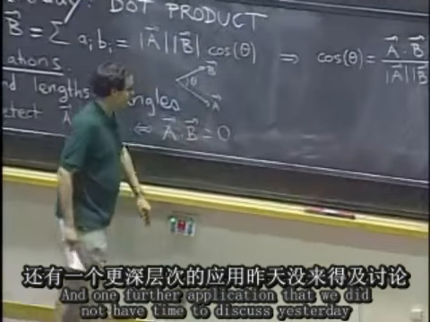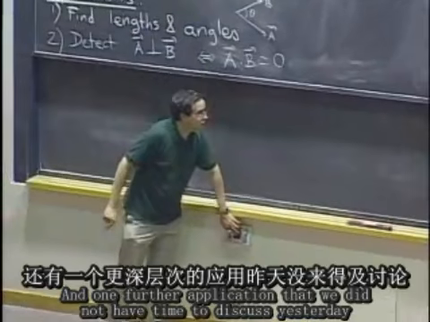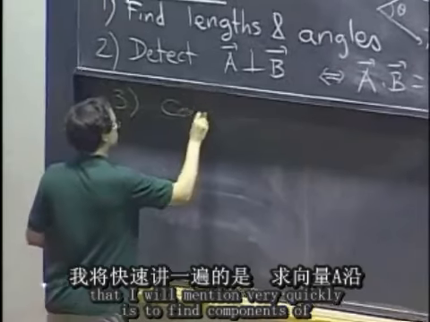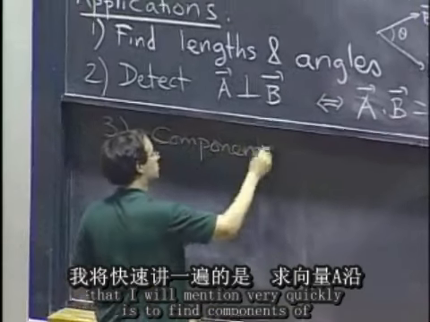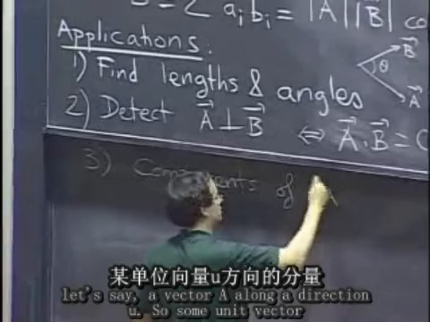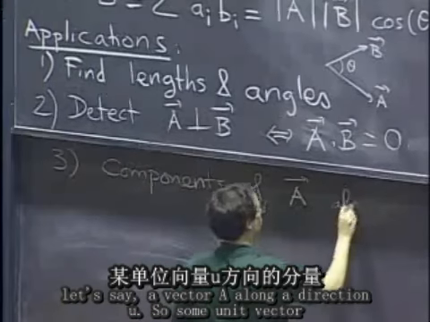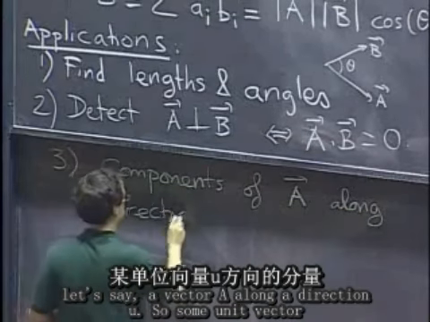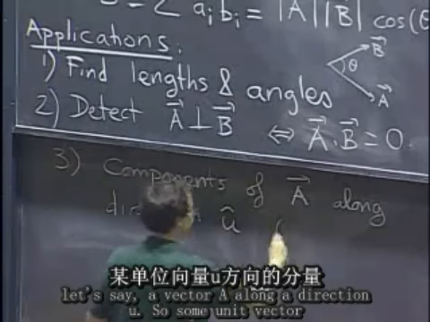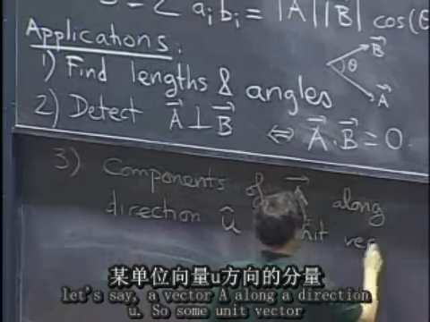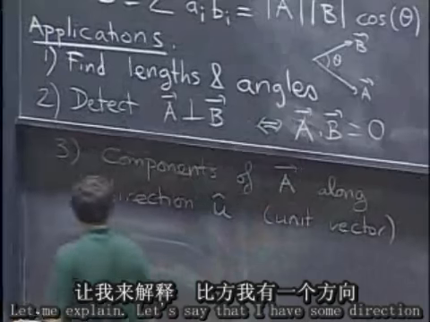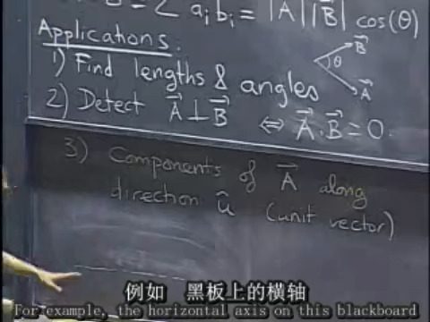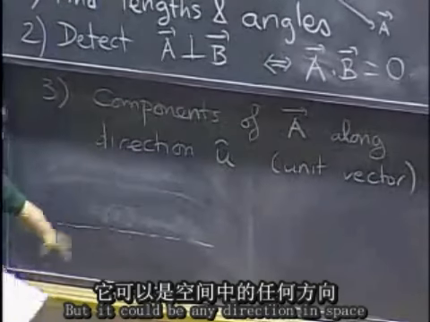Okay. A third application that we didn't have time to discuss yesterday, that I will mention very quickly, is to find the component of a vector A along a direction U, some unit vector. Let me explain. Let's say I have some direction, for example the horizontal axis on this blackboard, but it could be any direction in space.